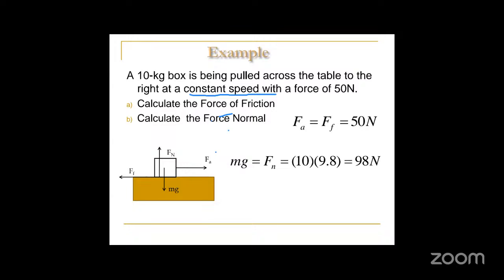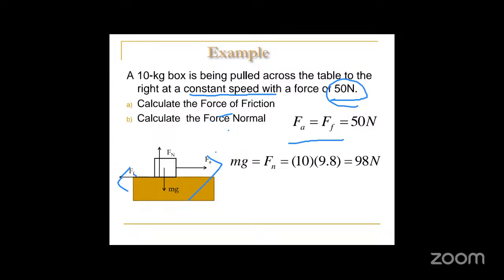The frictional force is the force on the left, balanced by the force on the right. The applied force is 50, which is the force on the right, pulling the box across the table to the right. So Fa is equal to Ff, and since Fa is 50, Ff will be 50 as well.